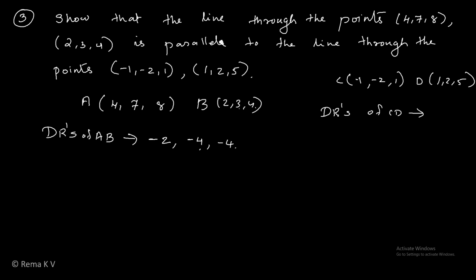Now what about the direction ratios of CD? That is 1 minus -1, it is 2. 2 minus -2, it is 4. 5 minus 1, it is 4. Okay. So we can consider this as A1, B1 and C1, and this as A2, B2 and C2. Find out A1 by A2, B1 by B2 and C1 by C2.